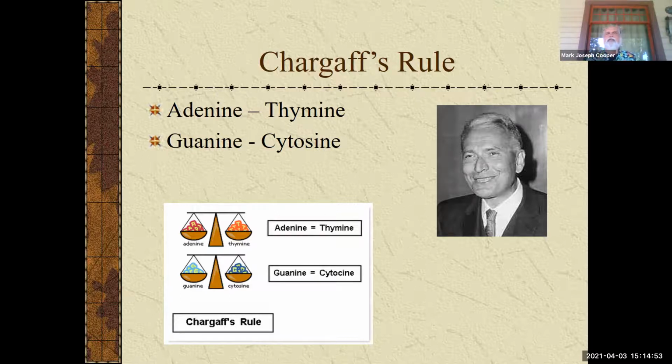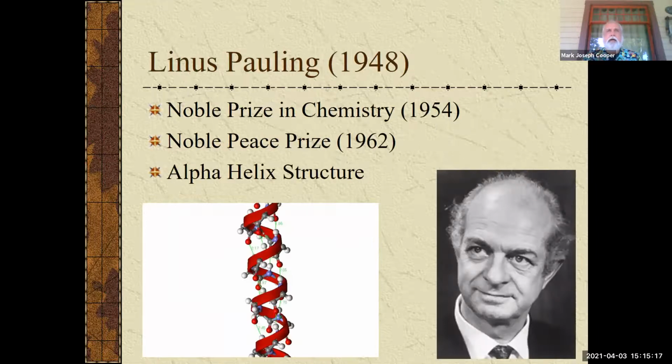And then he would actually look at the amount of A, T, C, and G. And what he realized is adenine always equaled thymine and guanine always equals cytosine, or at least pretty close. So the assumption was that these somehow were bonding together. It's called Chargaff's rules.